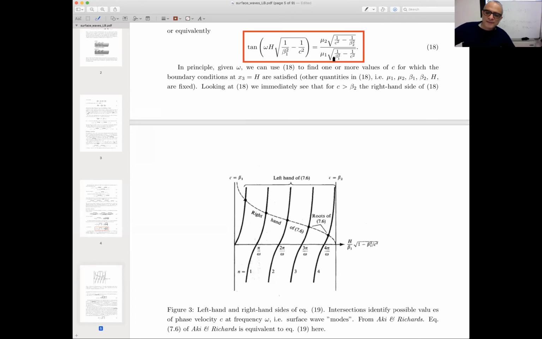That is to say, and this is what you'll find in textbooks like Aki and Richards, you plot in a graph the right-hand side of this equation, where on the horizontal axis you have the argument, except for omega, of the tangent.